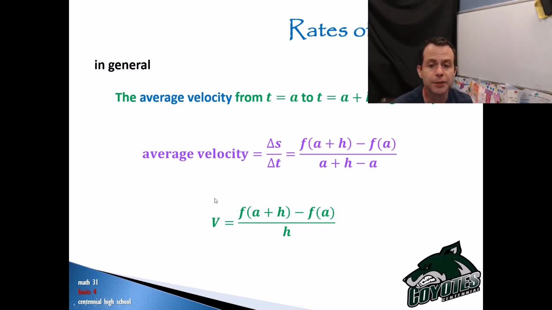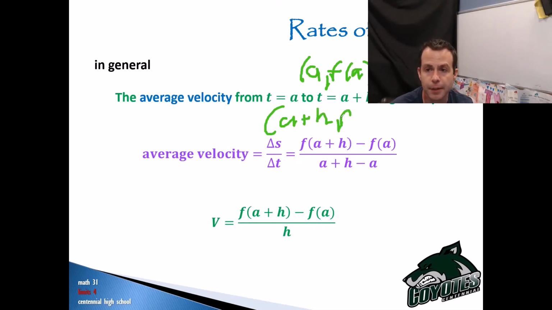Okay, just to make sure you're all on the same page with me here, I want to just paint this picture for you. My 2 points here are a comma f of a and a plus h comma f of a plus h, right? That's the 2 points I'm using for the slope formula. I apologize that my mouse writing is super messy.